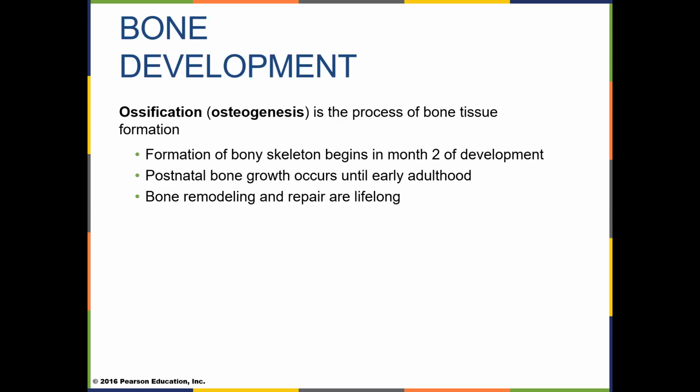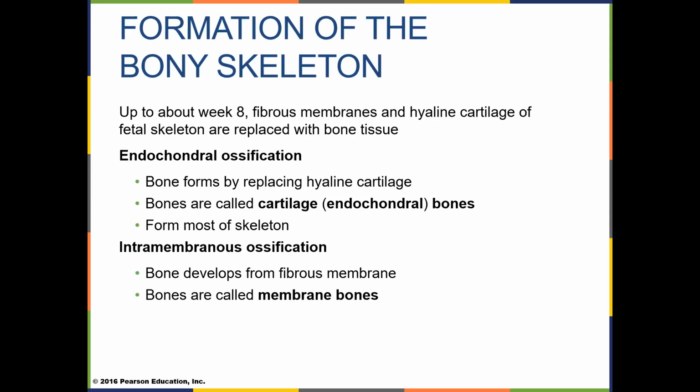But what we start out with, when we are in utero, we're about 6 weeks old, 6 weeks after conception, so we're only about an inch in size. The process of laying down bone starts. Now, most of our bones are hyaline cartilage, and these hyaline cartilage bones, it's just like the end of your nose.